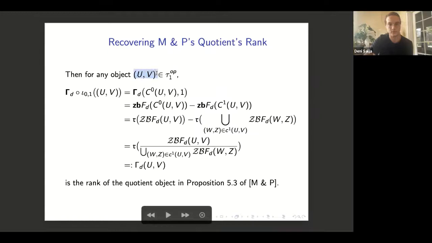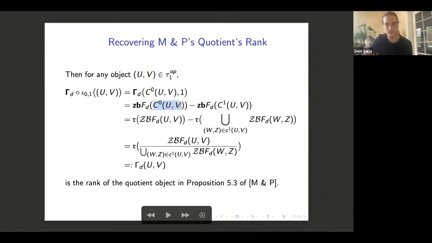So that's what this is telling you. So then for any open sets U containing V, when we post-compose that last inclusion with bold gamma D, this is going to be gamma D of this thing by definition, which is this difference of the bold ZB FD functor.